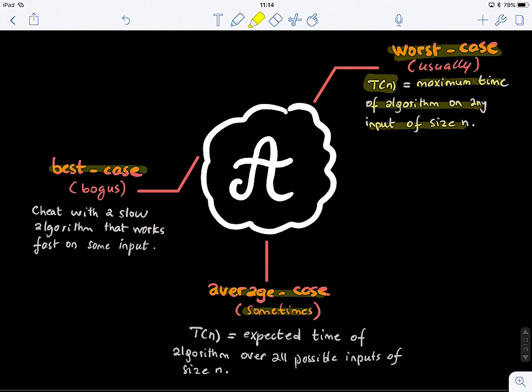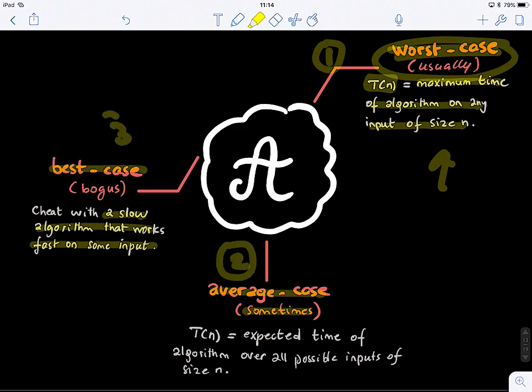This is actually a slow algorithm that works fast on some input, which means sometimes you're lucky because you've given your algorithm the easiest data set for it to run very fast, right? But if you change the data set, it's just going to explode. It worsens basically. Okay, so these three different analyses we will learn about.